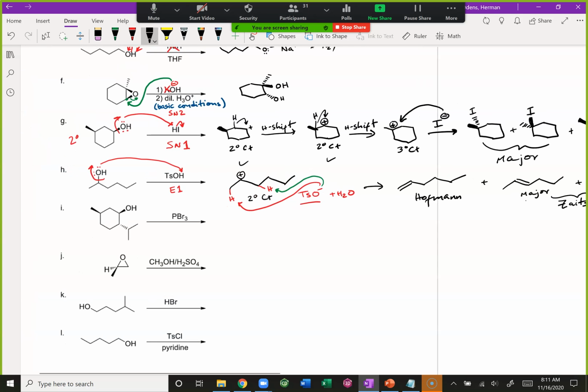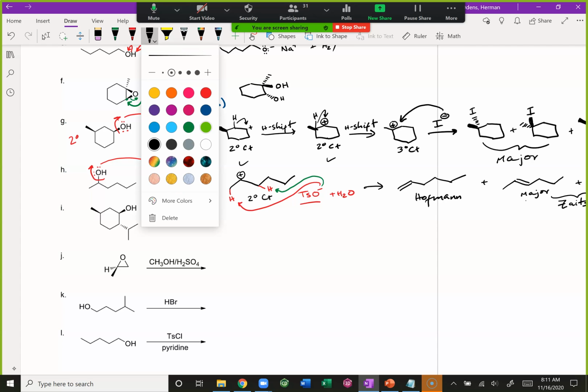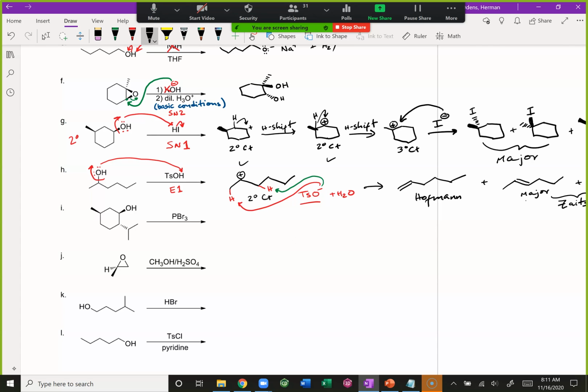All right. PBr3 converts an alcohol into an alkyl bromide, and this OH is up, so it will flip the configuration, as in down or dash.